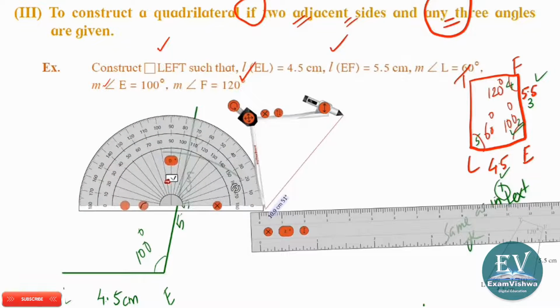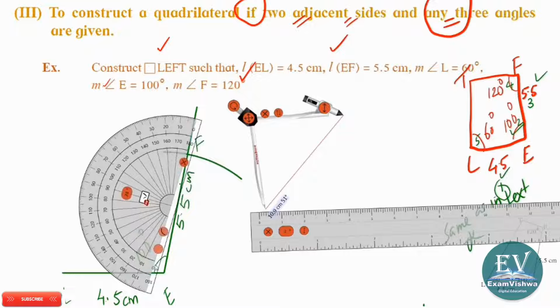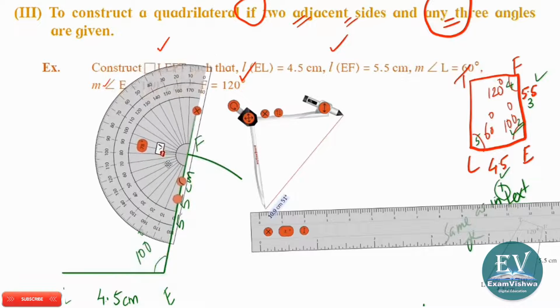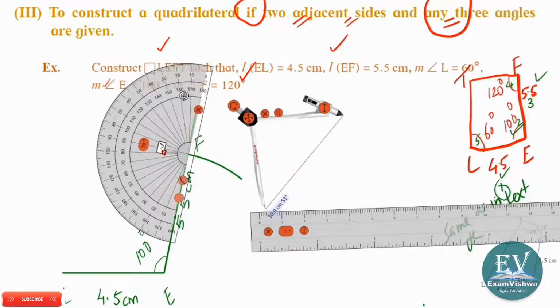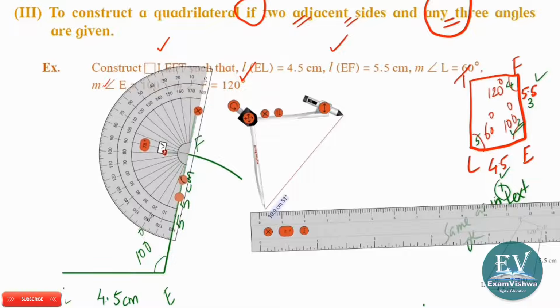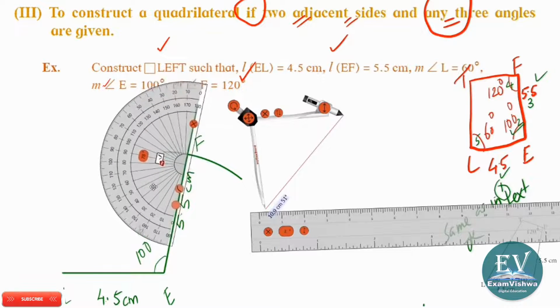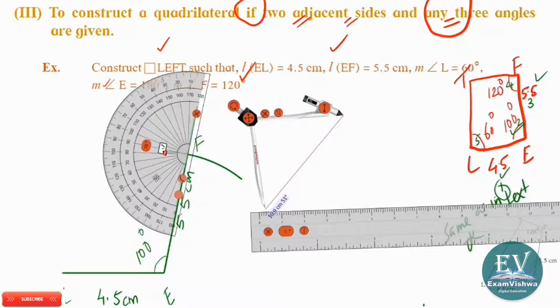Now again we have to take a measurement of 120 degree at F. The protractor on the left will be used. More than 90 degree angle, how it appears we know, so there should always be a cross checking. It will be an obtuse angle. From here 120 can be marked here.